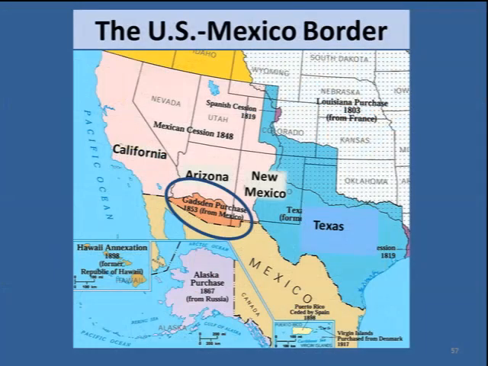In 1853, the Gadsden Purchase added more Mexican territory to the United States and created the border we now have today. From east to west, the 4 U.S. states that border Mexico are Texas, New Mexico, Arizona, and California. The Mexican-American War will be explained in more detail in a later lesson.